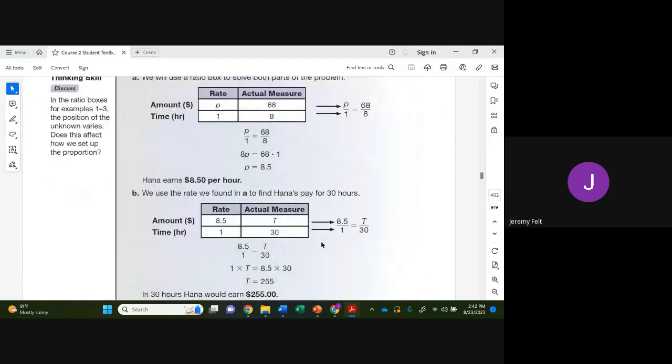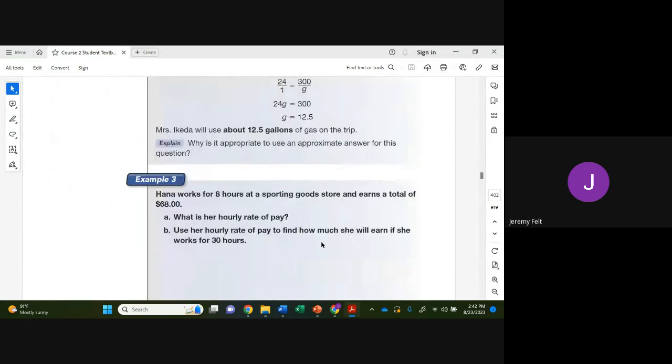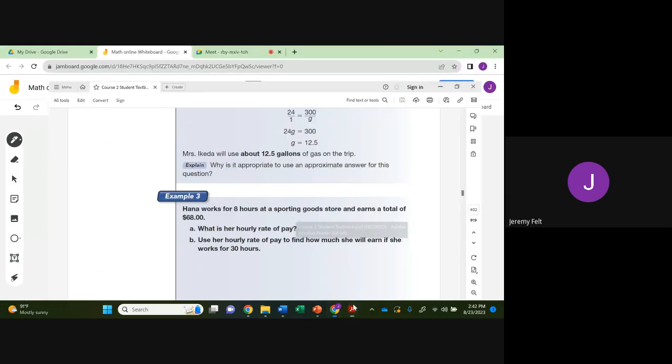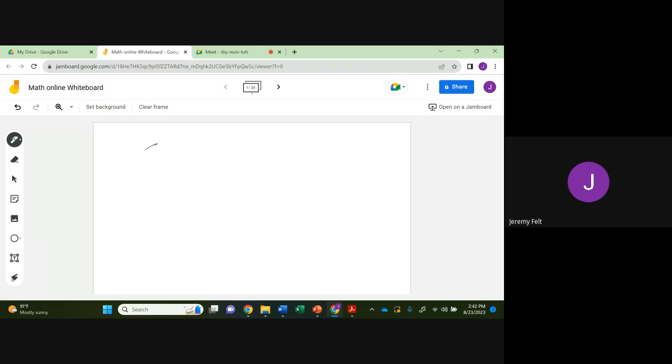Let's look at example 3. Hannah works for 8 hours at a sporting goods store and earns a total of $68. What is her hourly rate? And then once we know that, we use that hourly rate to find how much she'll earn if she works 30 hours. So she earns $68 for 8 hours.